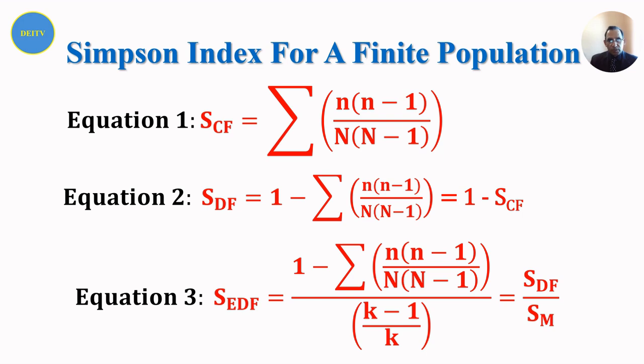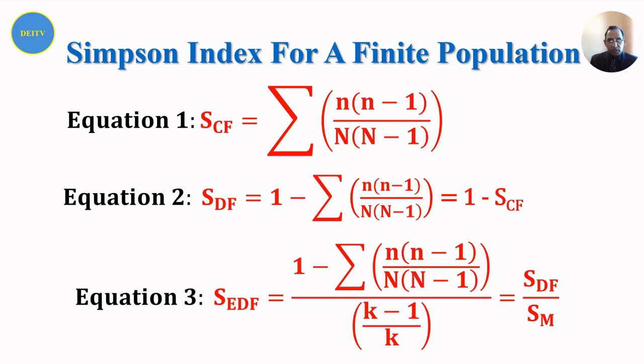So in addition to having formulas for calculating the biased and unbiased Simpson scores, there's also a formula for obtaining the diversity scores when the populations are finite, meaning that the number of individuals in an organization or population is restricted or capped at a particular level.